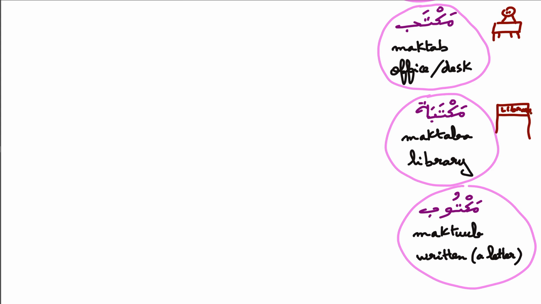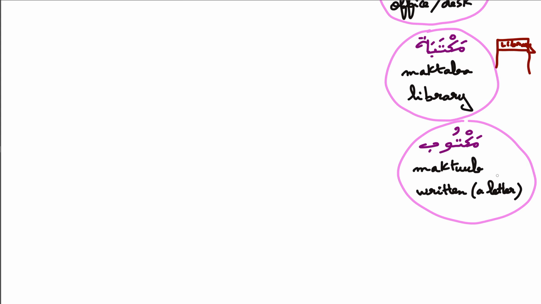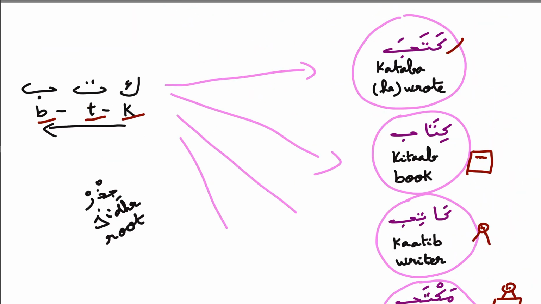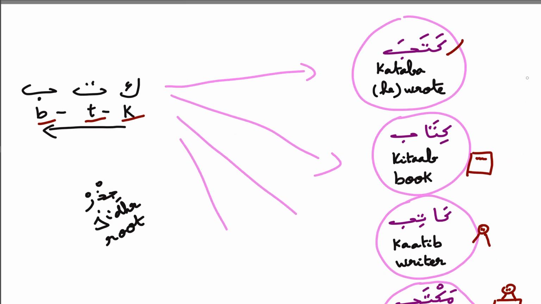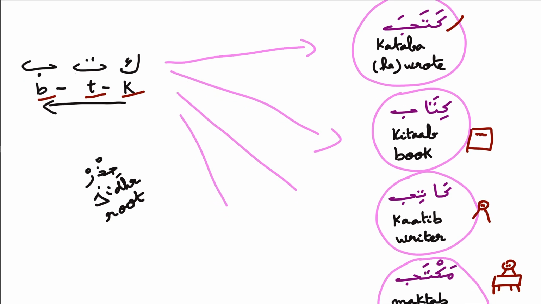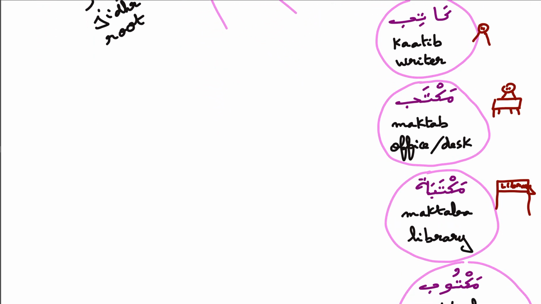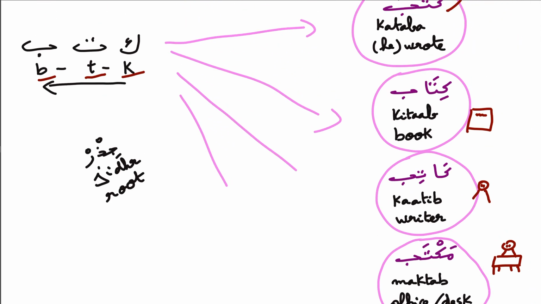Library. Then we have maktub, which means written, for example, a letter, a written letter. So this is pretty basic. So from these 3 words, you can generate a lot of words, which is very beneficial.